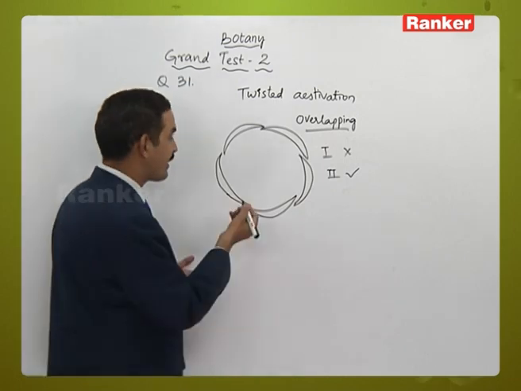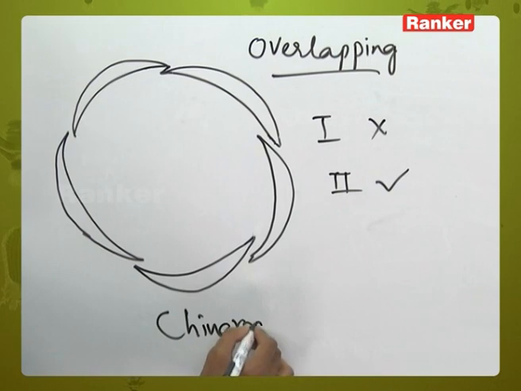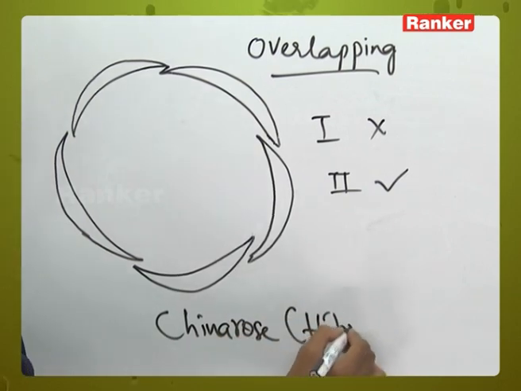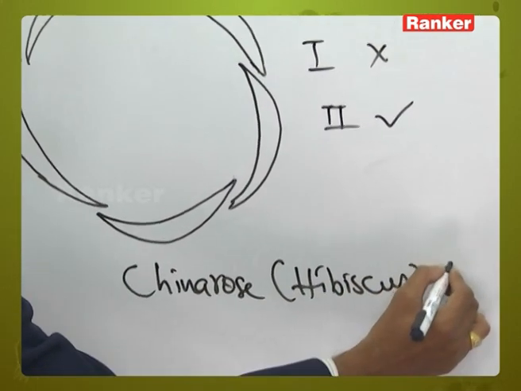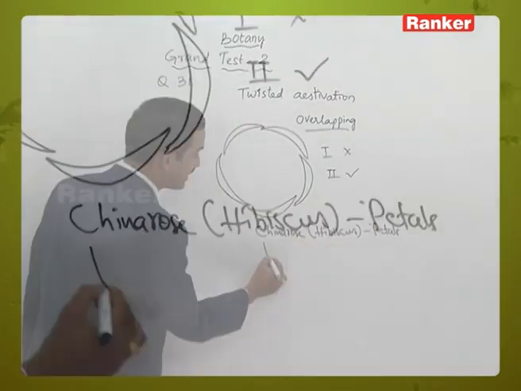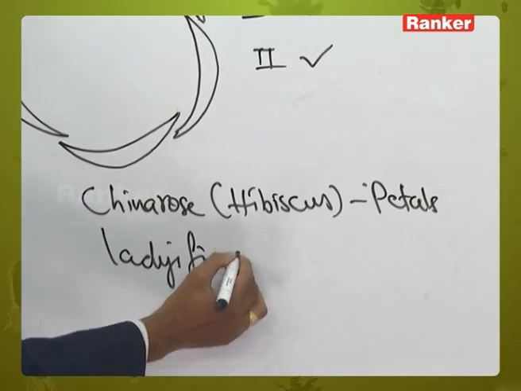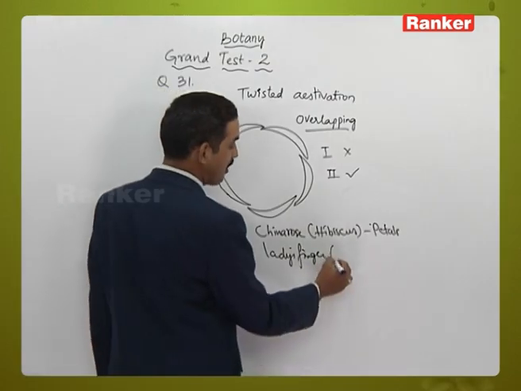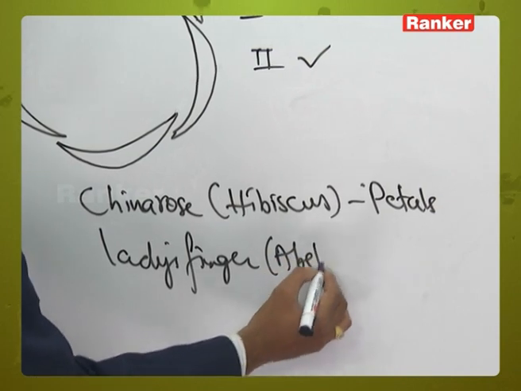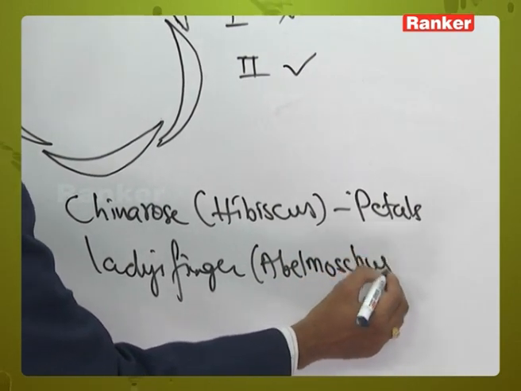Then of course it is present in examples like China rose. China rose is nothing but hibiscus. In hibiscus it is present in the petals, that is in the corolla part. And of course it is present in lady's finger also. Lady's finger, that is called Abelmoschus, belongs to the Malvaceae family members.